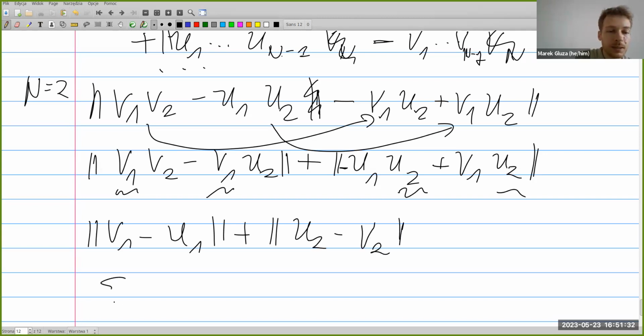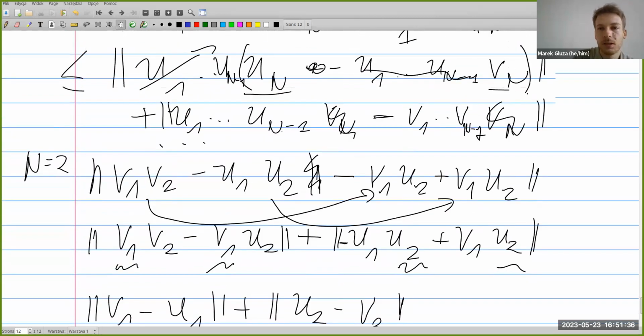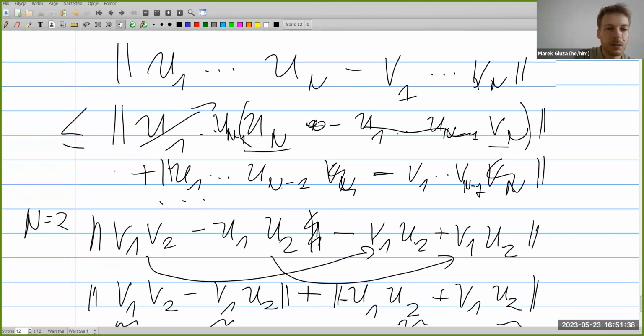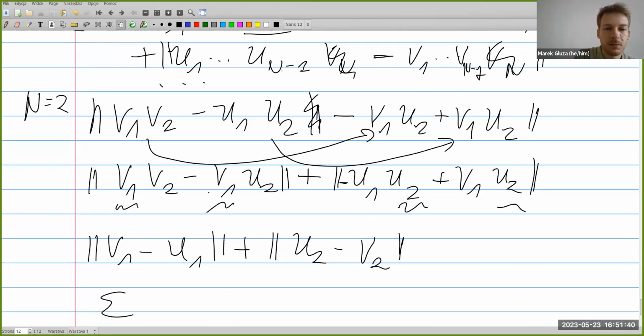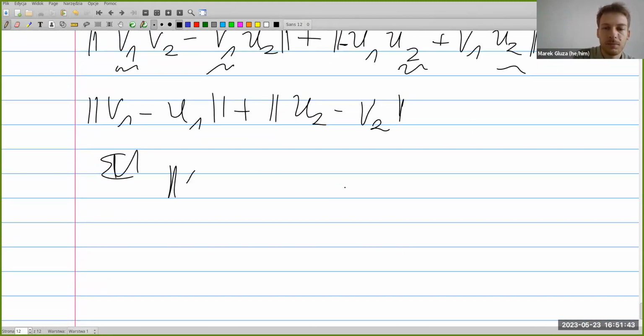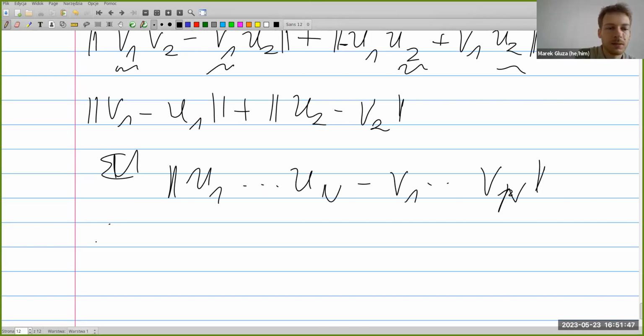And instead what we are getting is that this product here, so we get u1 until un minus v1 until vn is smaller or equal the summation of uk minus vk.